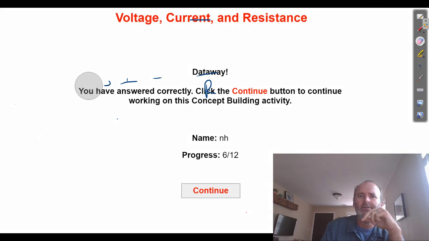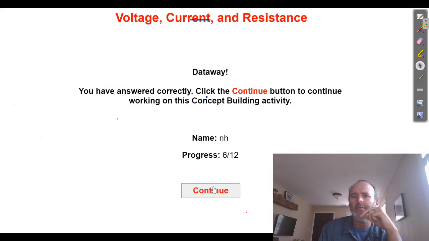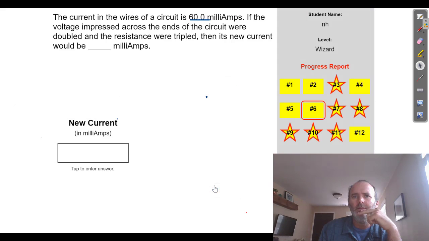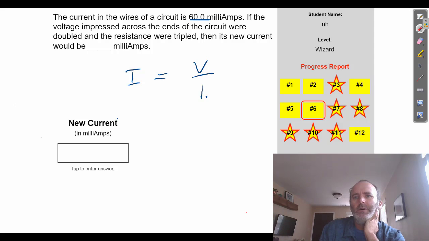Hopefully I get a hard one now. We'll end with this one. I equals V over R. If the voltage across the ends were doubled, and the resistance was tripled, what would the new current be?